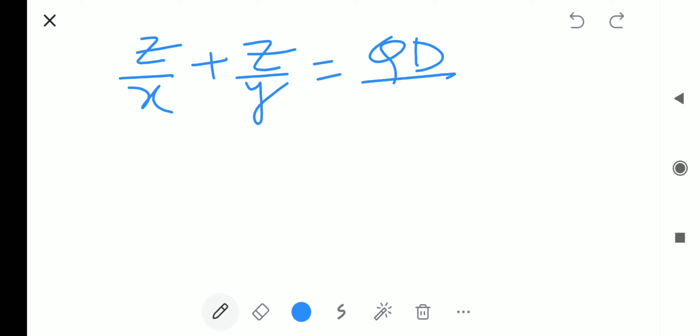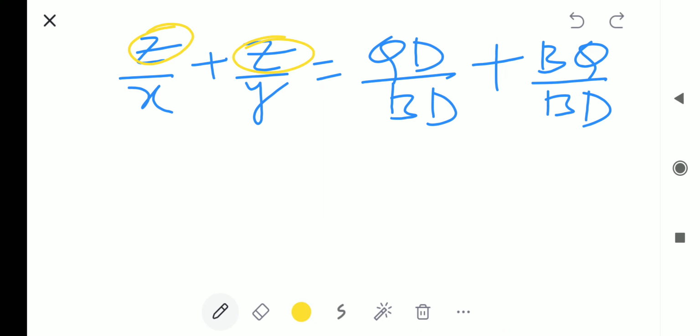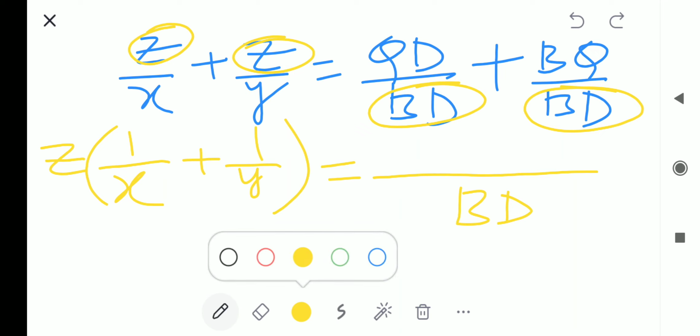In the numerator, Z is common, so taking Z common I get Z into 1 by X plus 1 by Y. The denominators are BD, that means like fractions, so BD is the denominator and in the numerator I get QD plus BQ.